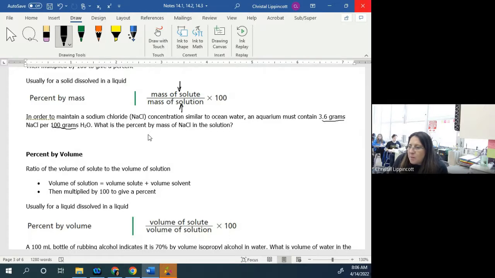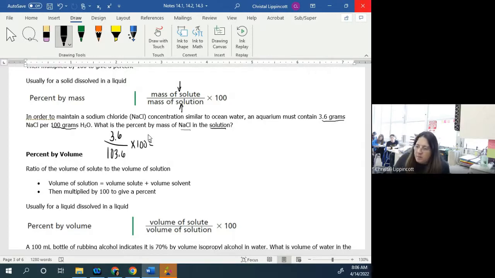What is the percent mass of NaCl in the solution? So look at this. Is this 2 parts, or is this a part and a whole? 2 parts. So to get the whole on the bottom, we have to add them together. So that's going to be 3.6 divided by 103.6 times 100.